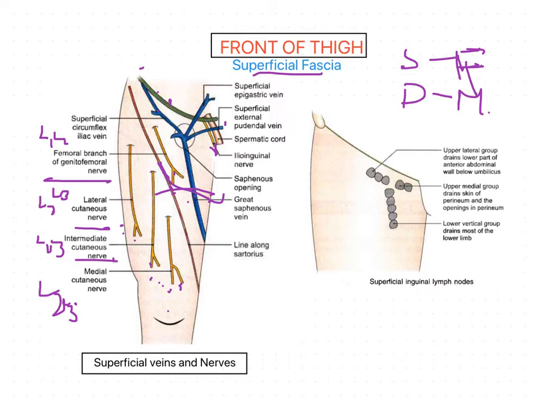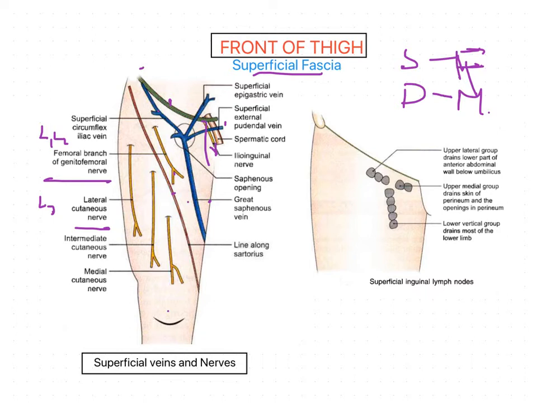Okay, these are all the cutaneous supply seen in the front of the thigh. You can mainly mention the femoral branch of genitofemoral nerve, lateral cutaneous, intermediate cutaneous and medial cutaneous nerve. And also the ilio-inguinal nerve, which supplies the superomedial aspect of the thigh.